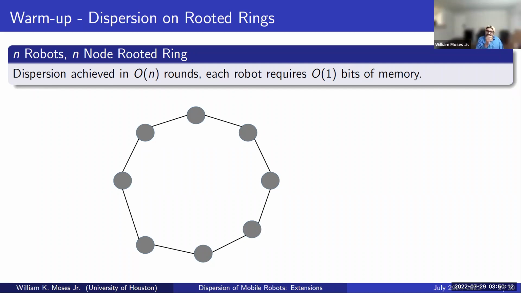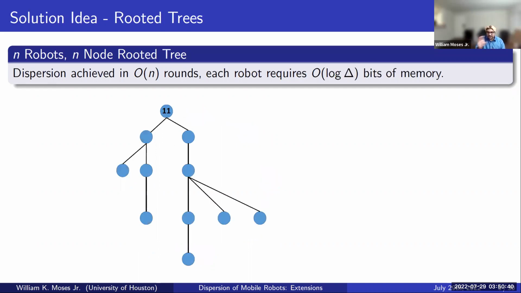But if a robot settles at a given node and then terminates the algorithm, so it does not participate in any future actions, subsequent robots, when they get to that node, are unable to tell that a robot settled there. Because when they yell out into the void, hey, is anybody on this node with me? Nobody will reply. So this is why it's very simple when it's a ring. But if it's not a ring, if it's a tree, we have to be a bit more careful about when robots terminate. That's the difficulty here.